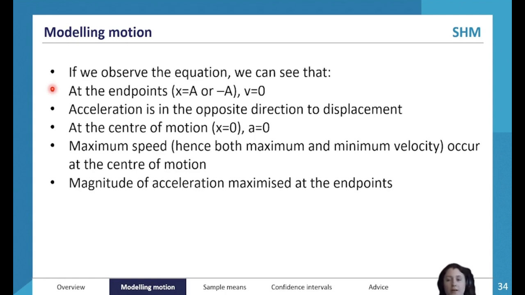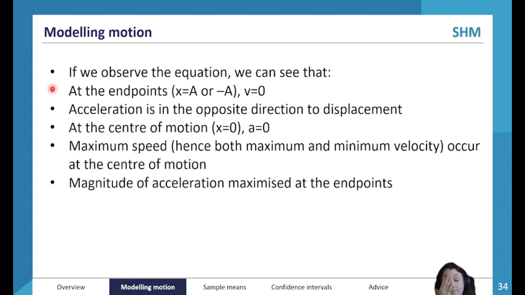You can think about it in the fact that at either end, the object will slow down and turn around almost, and at the exact instant where it's turning around, and it's not going forward anymore, and it's not yet going backwards, at that exact instant, it has a velocity of 0.